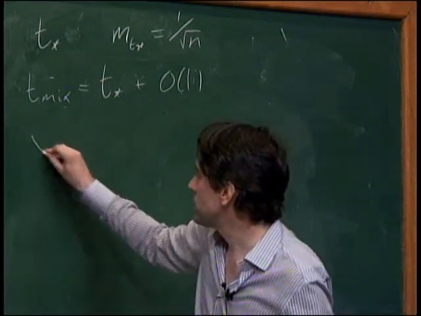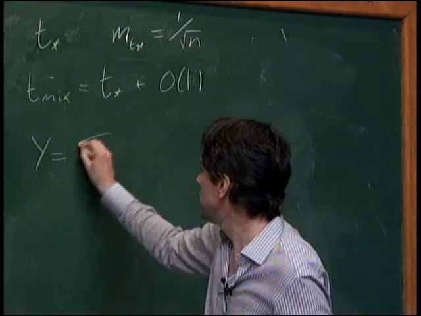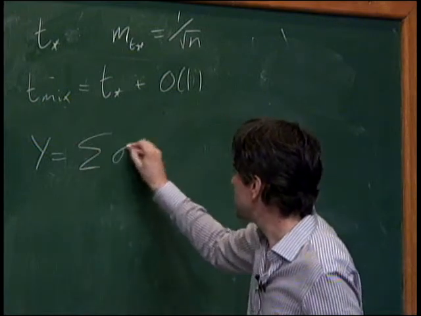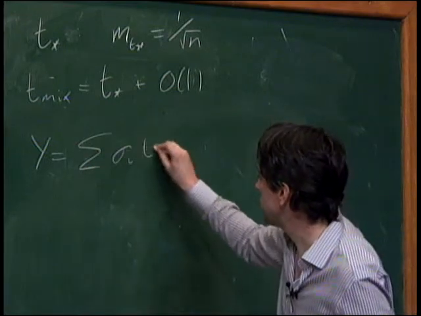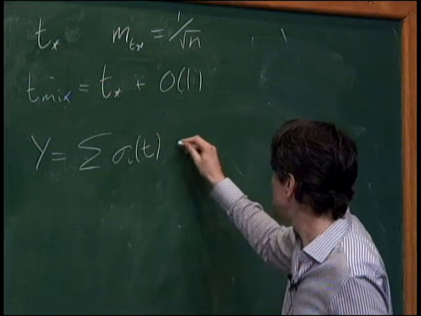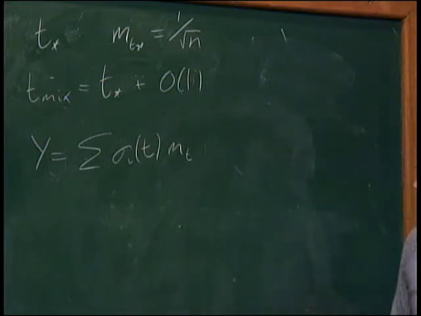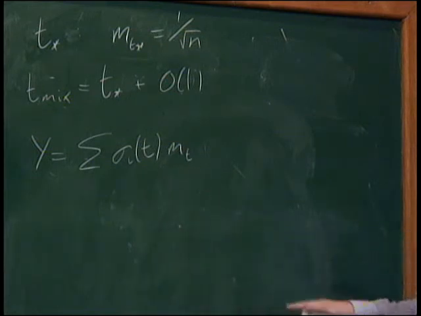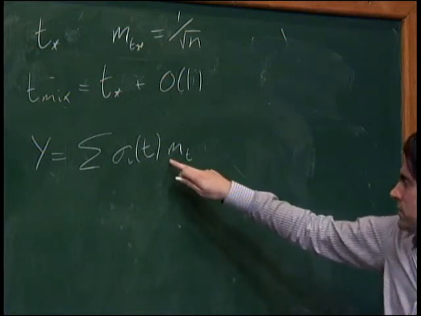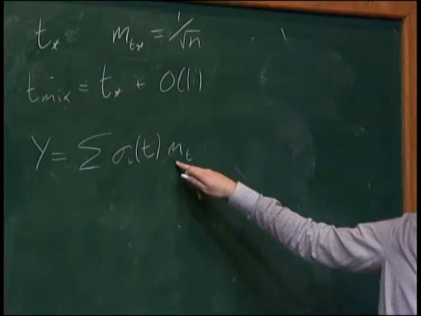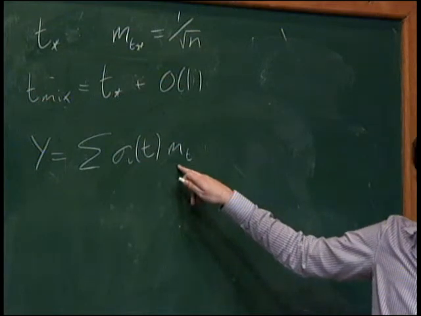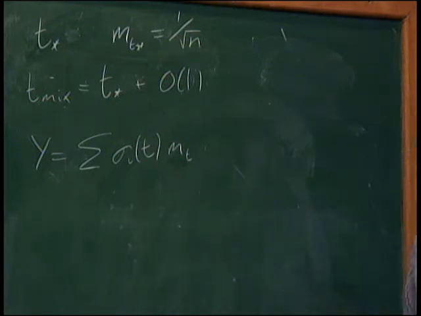And we can do that by looking at a test function, which just involves the sum of the spins times the magnetization. If we wanted to do this on a general graph, you'd replace the magnetization here with the magnetization for the particular vertex.